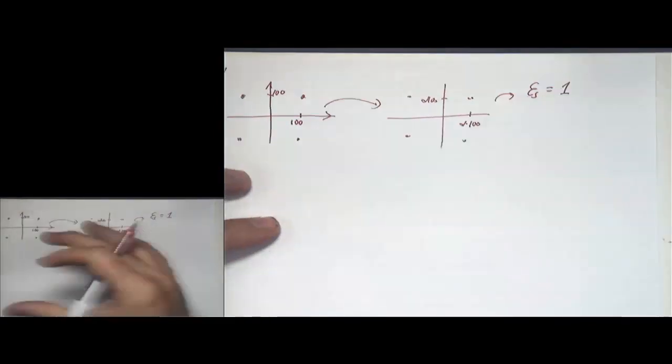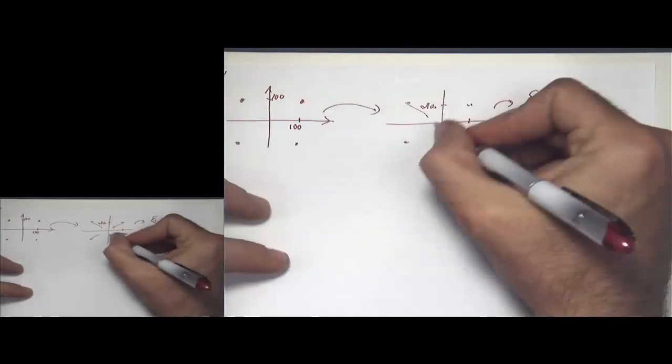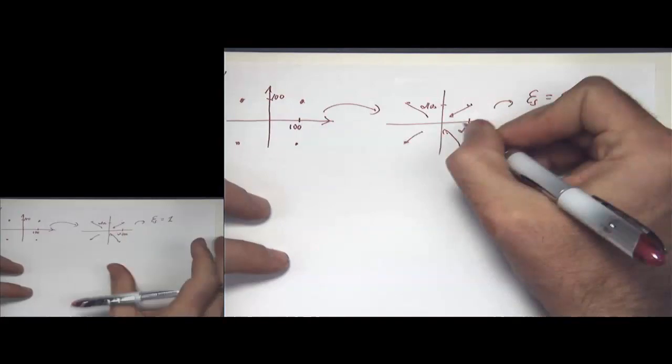So I guess I should have shown this potentially squishing down quite a bit. We're not going to rotate it and flip it around. We're just going to push it down.